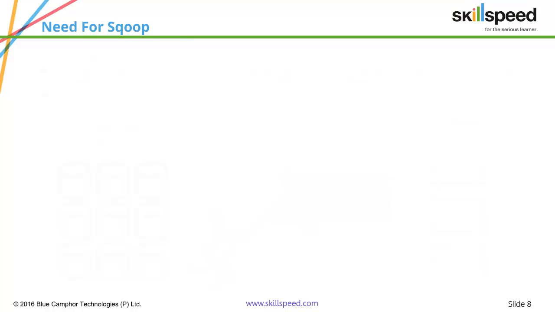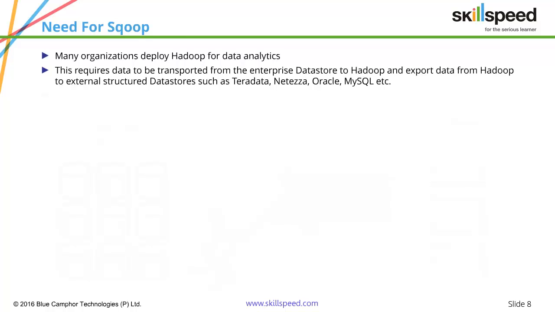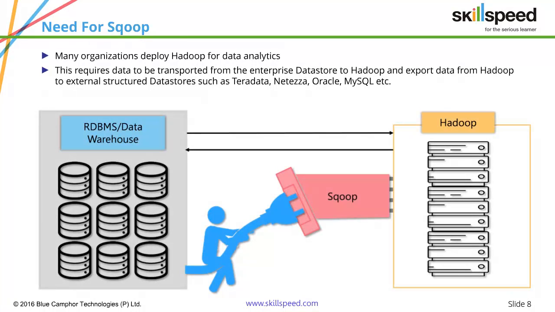Now, like we have discussed before, the need for Sqoop, many organizations deploy Hadoop for analytics, but that really requires the structured data to be copied into Hadoop, and Sqoop does this task very efficiently.